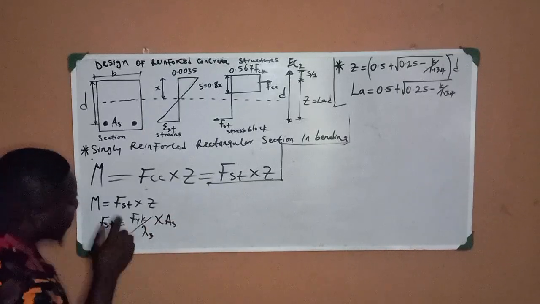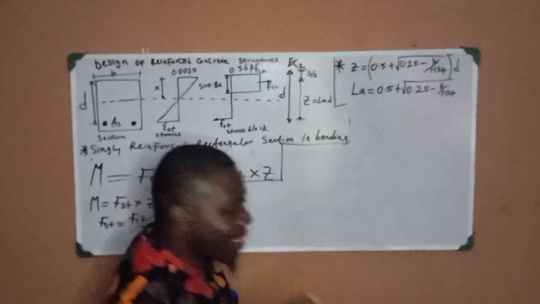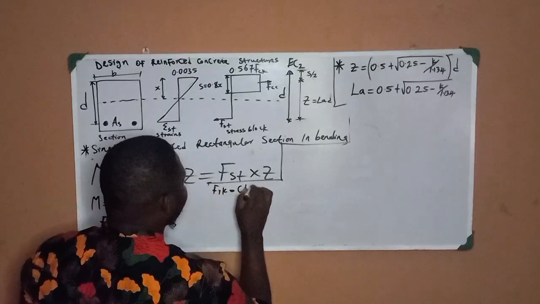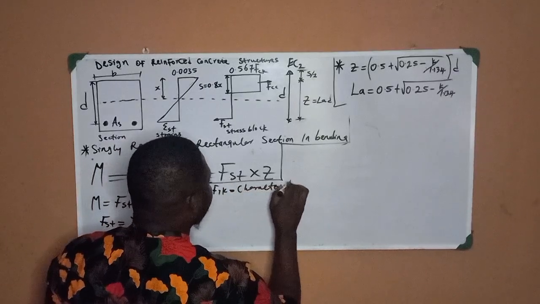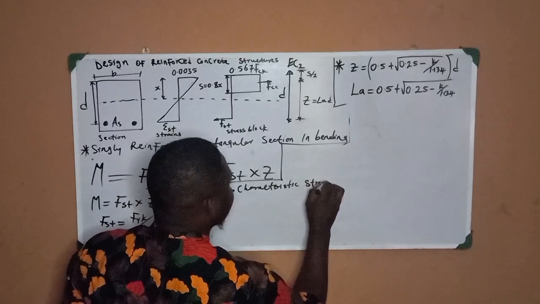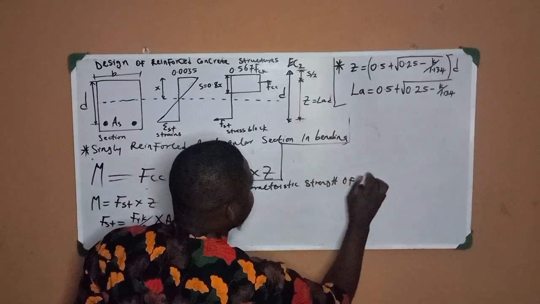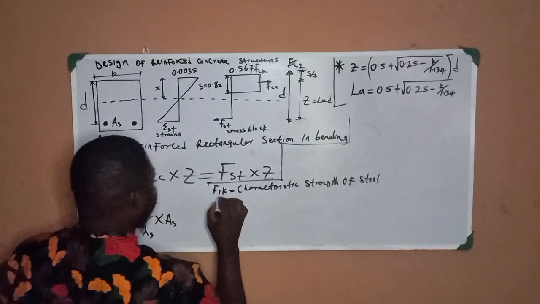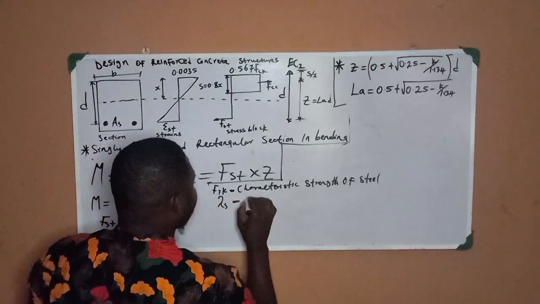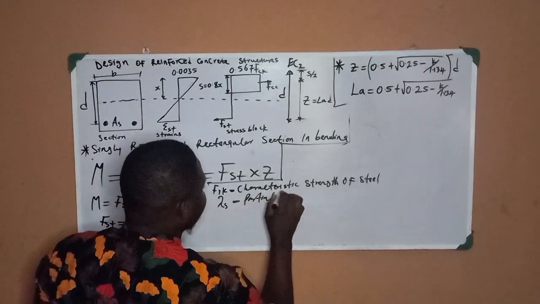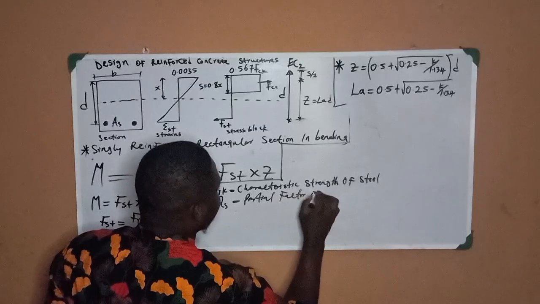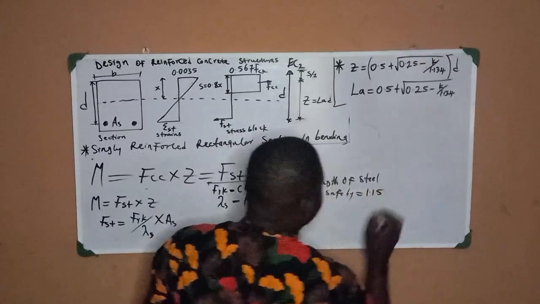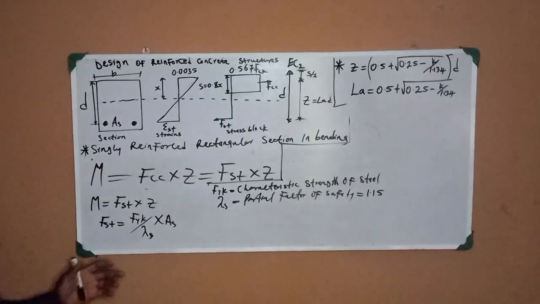Now, this fyk, I will explain. fyk is the characteristic strength of steel, while this gamma s is the partial factor of safety, and is given as 1.15. Partial factor of safety is given as 1.15.